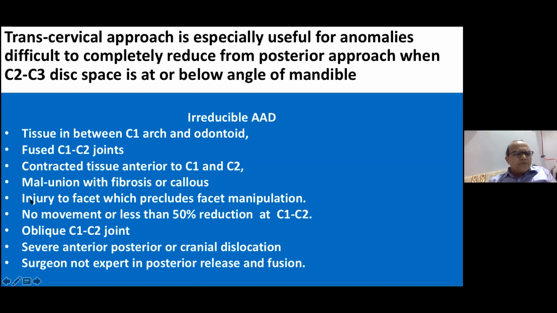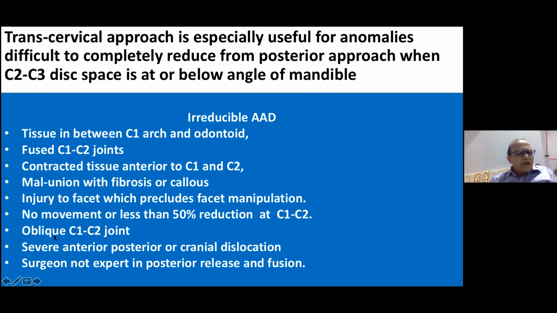And when preoperatively you don't find any movement at all, or if there is less than 50% reduction, then these patients are likely to continue with the compression. Therefore, in such cases, I think it is better to go from the anterior approach.